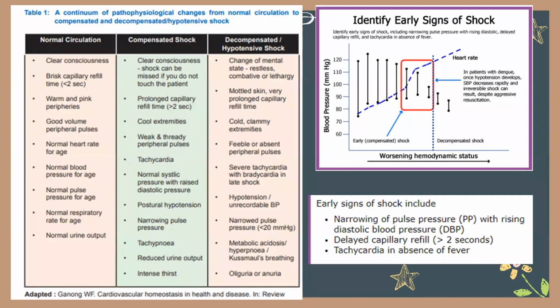So in our first touch, our physical examination, we need to assess for compensated or decompensated shock. Basically, we can miss compensated shock if we do not touch the patient. Compensated shock: prolonged refill time, cool extremities, with marked tachycardia. Just a caveat on CRT: sometimes it is affected by ambient temperature and our own body temperature.